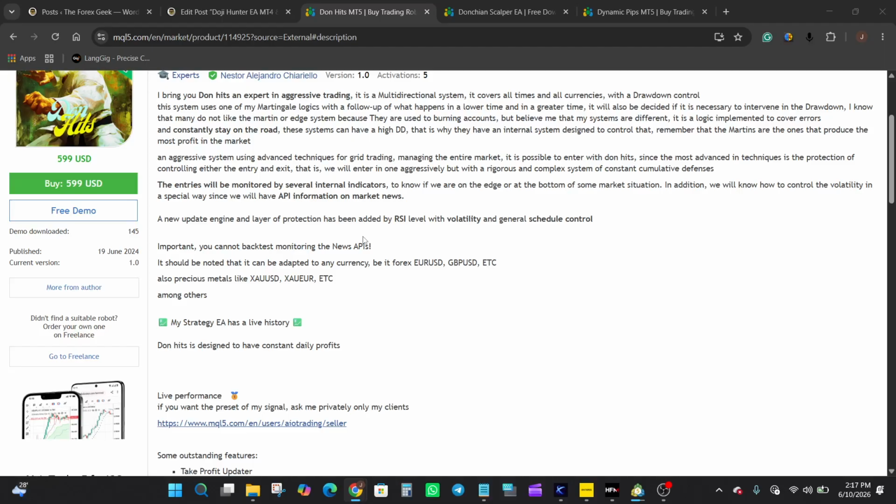Now, the developer explains that it can manage multiple market conditions simultaneously, including entries, exits, and trade layering based on internal logic. There is also mention of additional monitoring using internal indicators and volatility awareness.